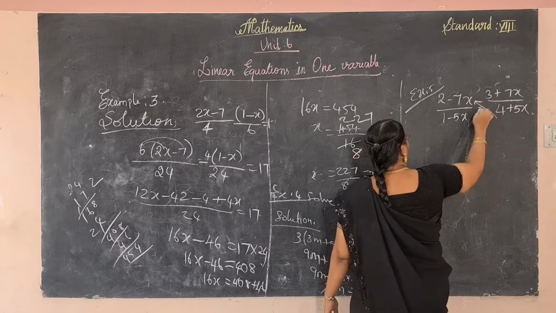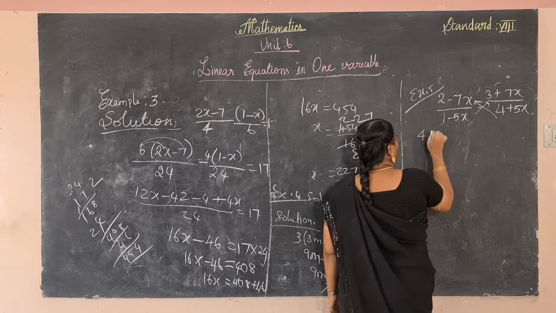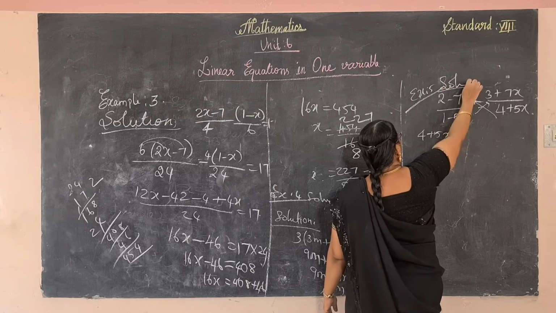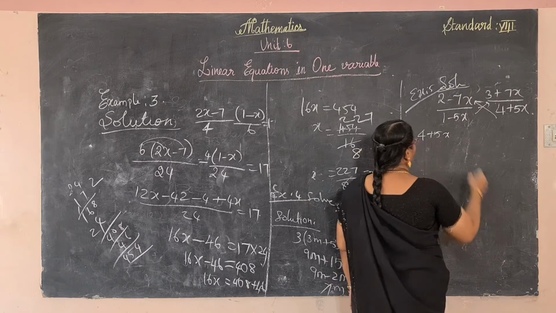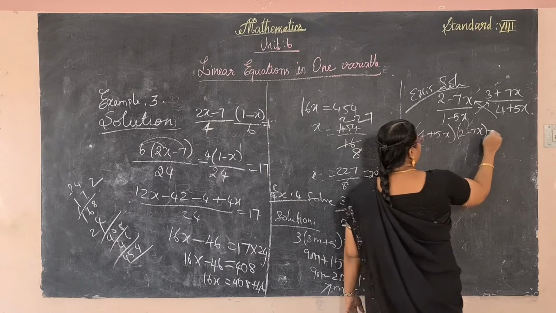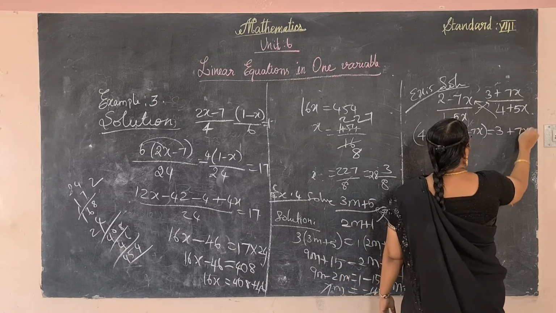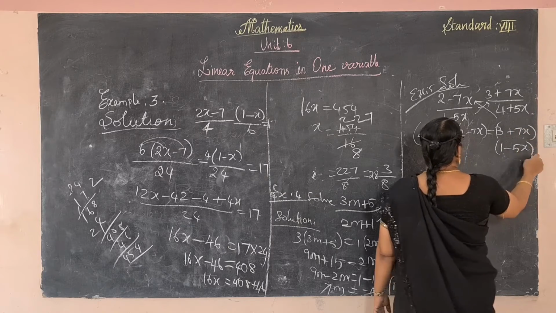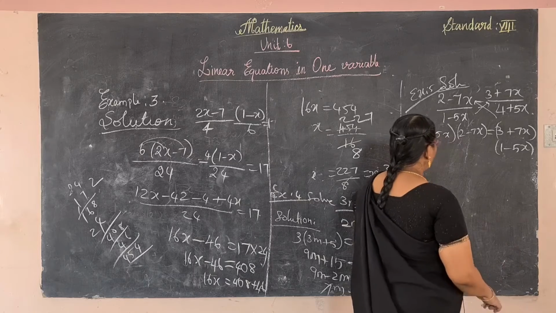So cross multiply: (4 + 5x)(2 - 7x) is equal to (3 + 7x)(1 - 5x).